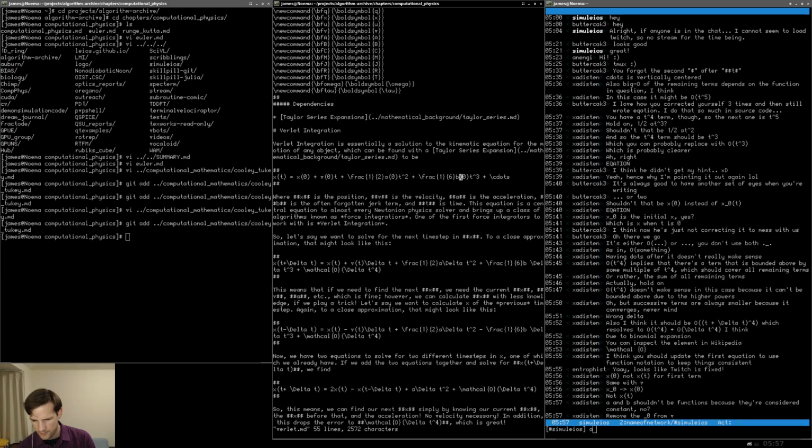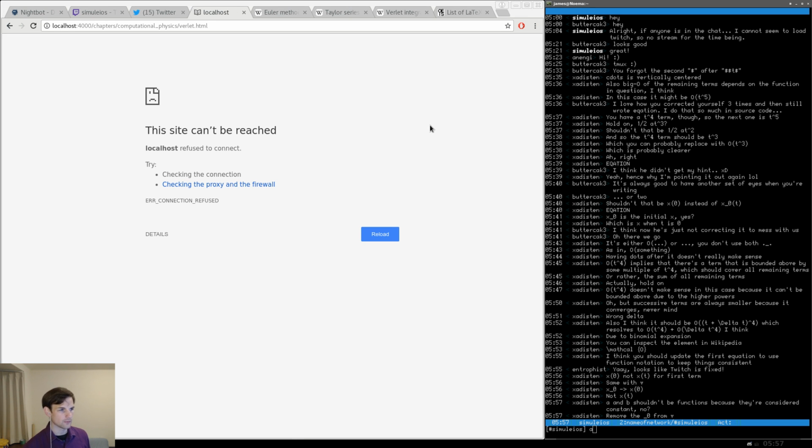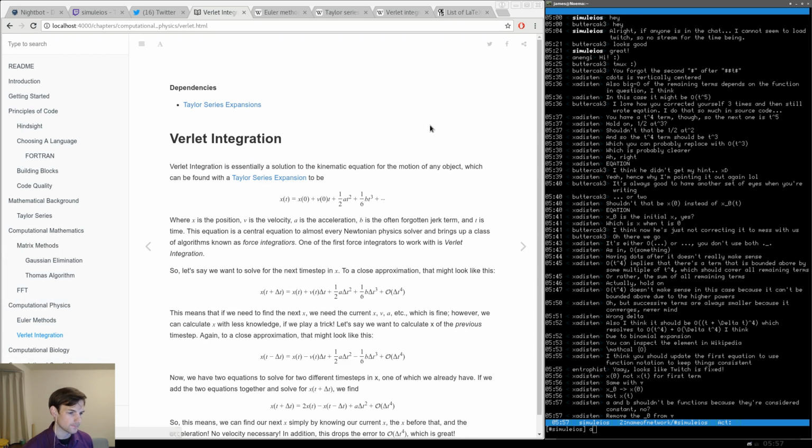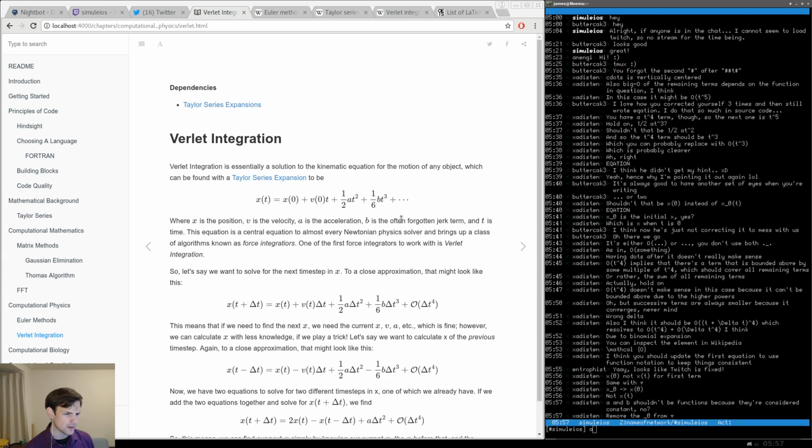Very good question, because the acceleration could be dependent on the position. It's fine. So let's go down here. We can leave it like this. I mean, everyone knows what we mean anyway. We'll probably get people talking about it. Okay. So, yeah, I think this is okay.